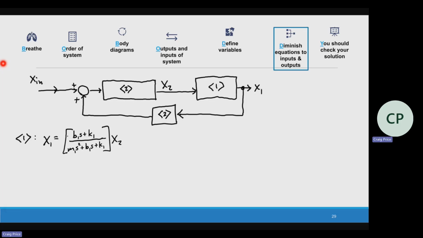Okay, now for the other one, for 2, again, I can take this equation right here and we can combine it.